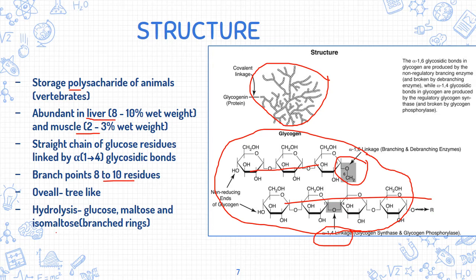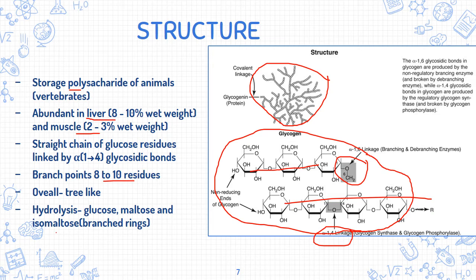The partial structure of glycogen is very similar to amylopectin. It has a straight chain of glucose residues linked together by alpha 1,4 linkages, and the side chains are linked by alpha 1,6 linkages. So it is much more branched when compared to starch.